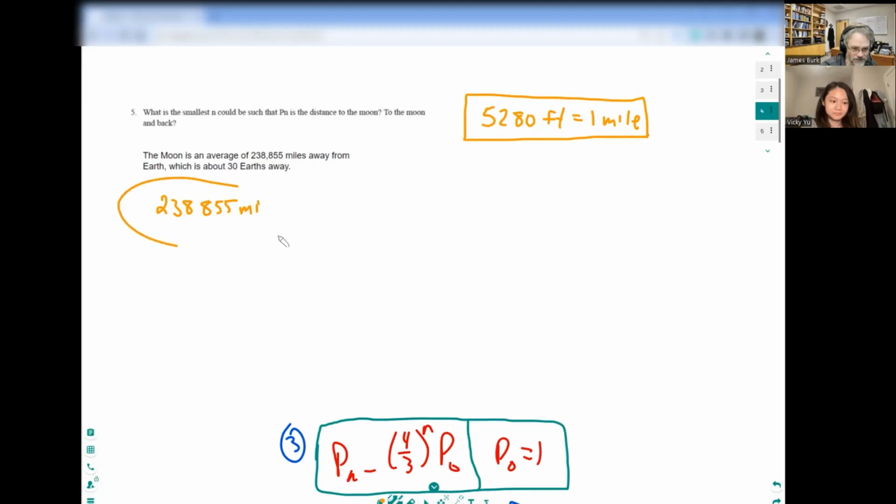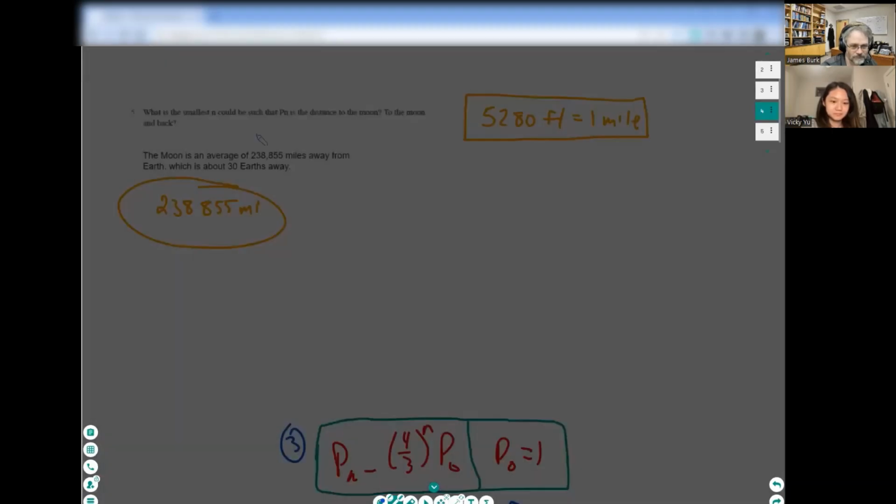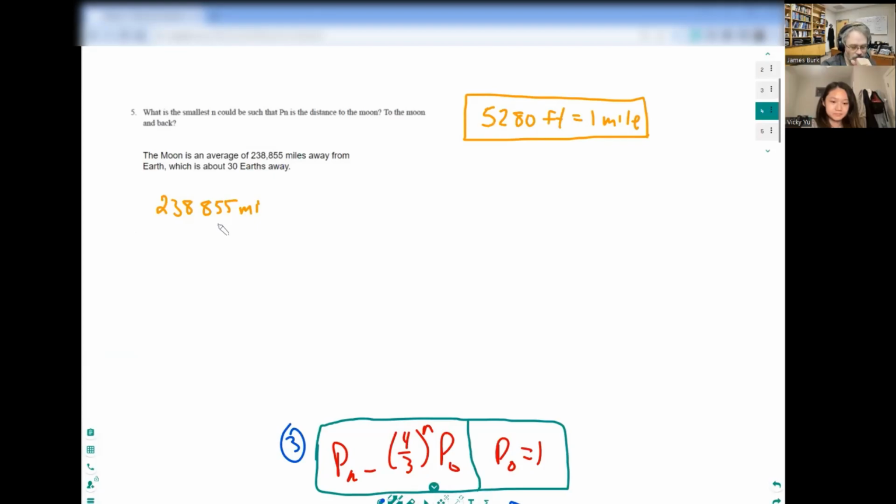How do I express this in terms of feet? You want to hear the secret behind doing it? Shh, don't tell people. Follow the units. What units do I have here? Miles. What units do I wish I had there? Feet. Look at a conversion factor over here.